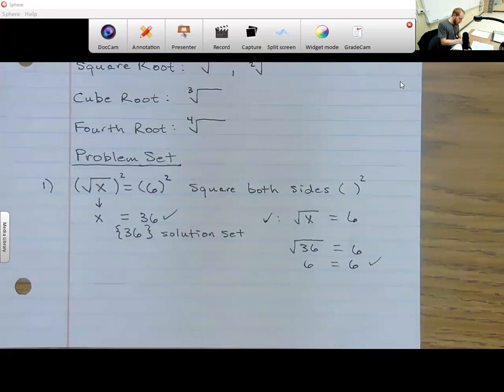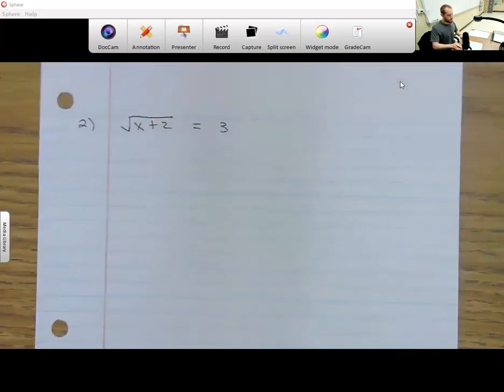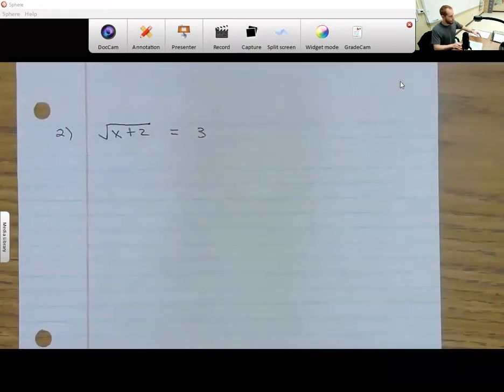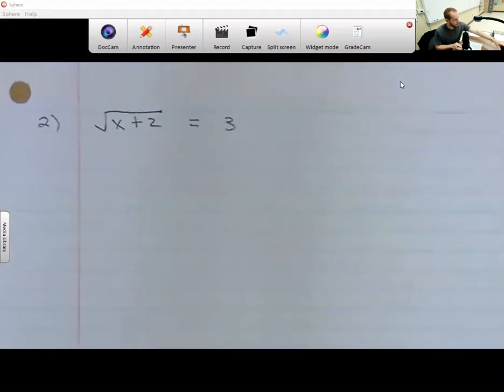Number 2 is the square root of x plus 2 is equal to 3. The square root of x plus 2 is equal to 3. So let's take a look at that. Okay, let me zoom in a little bit.